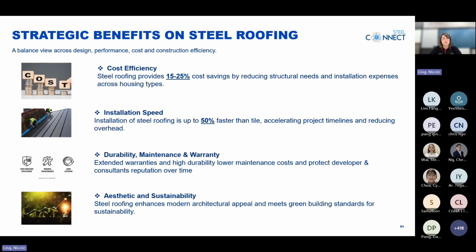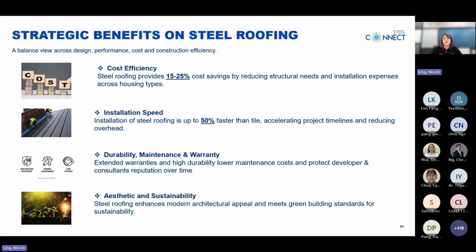Across all the case studies, semi-D homes, cluster homes, and the terrace houses, the message is the same. Steel roofing consistently gives better value. Today, buyers are smart and vocal. Defects are no longer kept private. Complaints are shared, amplified, and quickly go viral in social media.